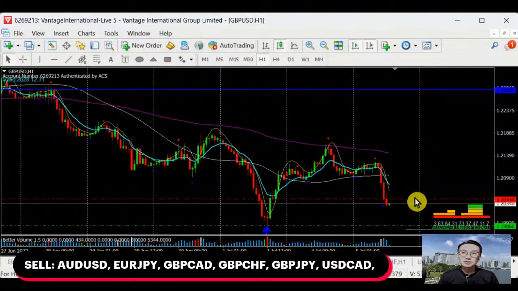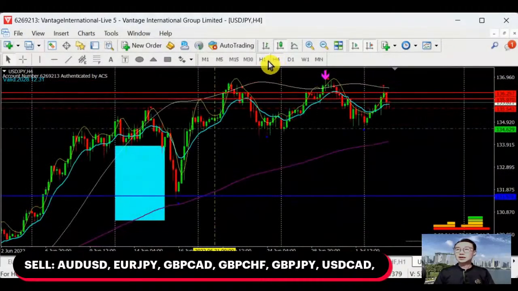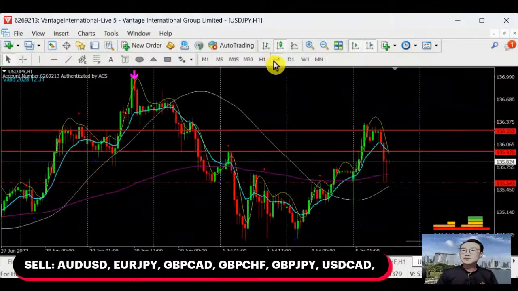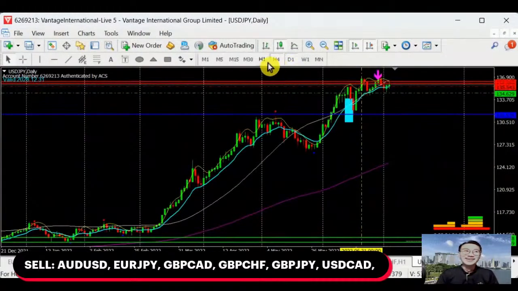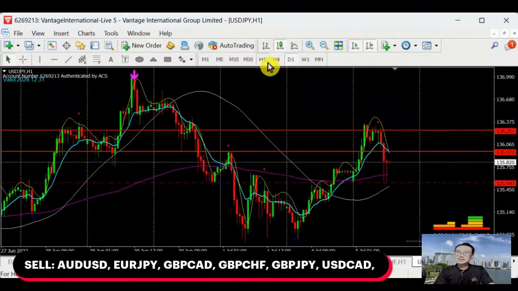Scalp and go. And dollar yen, are we going to sell it off today? I would say no, don't touch it first. I guess the revenge will come, so just avoid it.